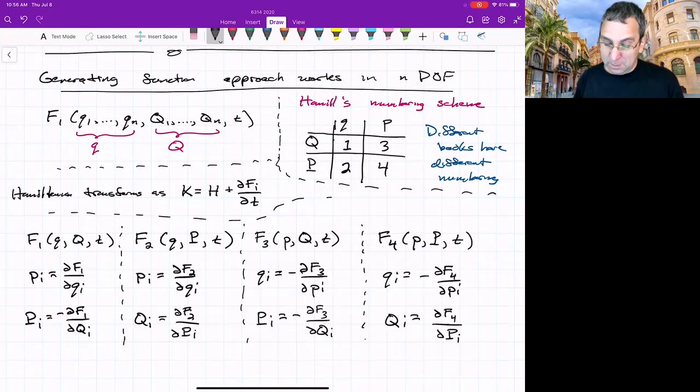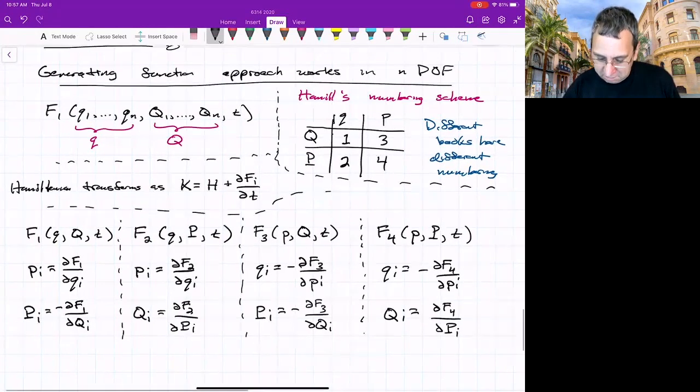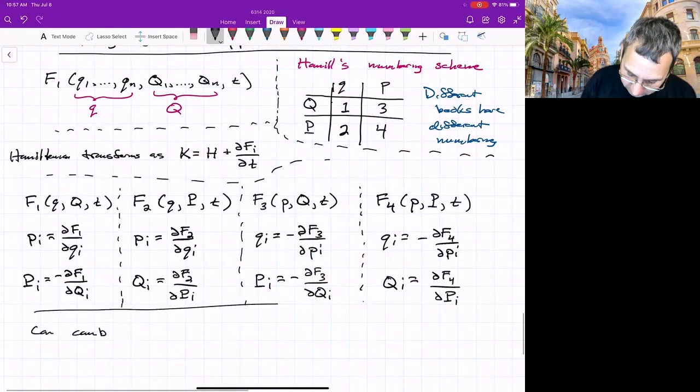And when I said you can combine them, it's not like you have to do this purely across the board for 1 through n. You could have a combination. I'm not sure why, but this might come up.